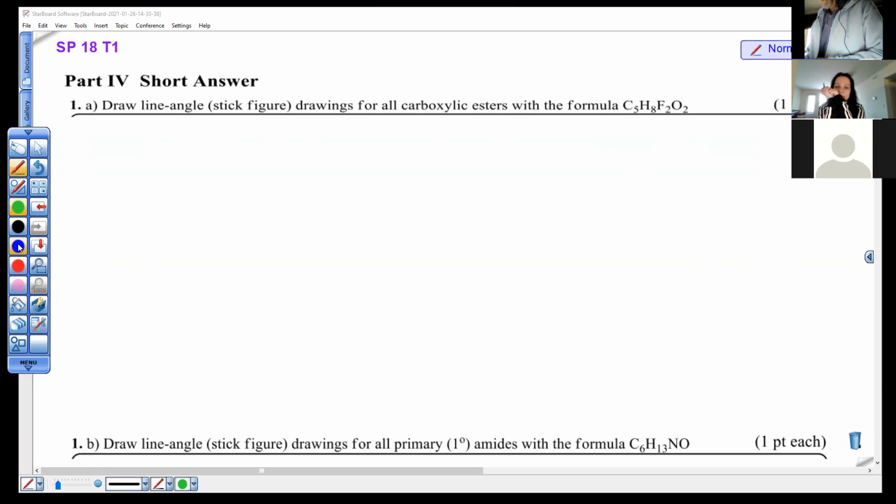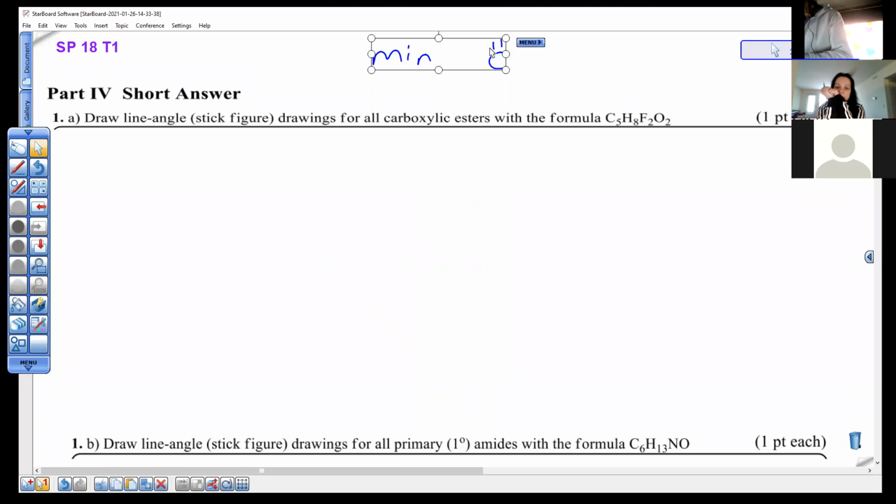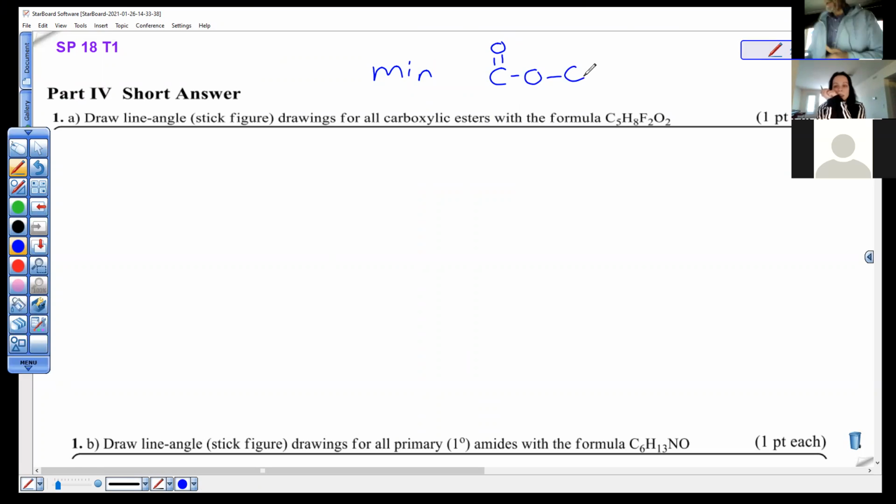Let's see. You need to know the minimum. So you'll look at my answer keys and you'll see, why does he keep saying min? Well, you do need to... it's too far up on the screen here. Move it down. The minimum is carbonyl, O, and carbon. So every time you've got to draw carbonyl, O, and then carbon.